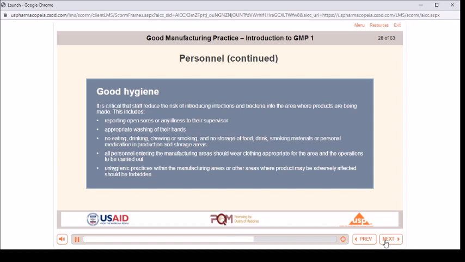All personnel entering the manufacturing areas should wear clothing appropriate for the area and the operations to be carried out. Unhygienic practices within the manufacturing areas or other areas where product may be adversely affected should be forbidden.